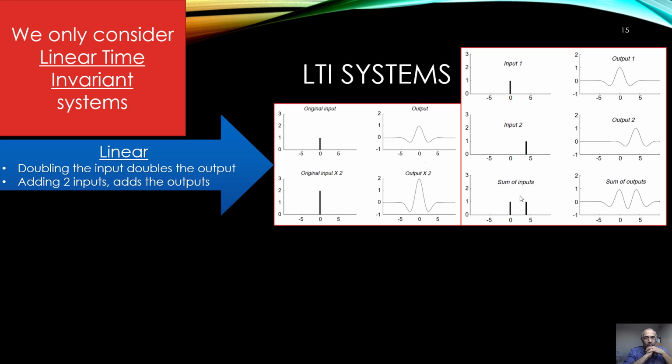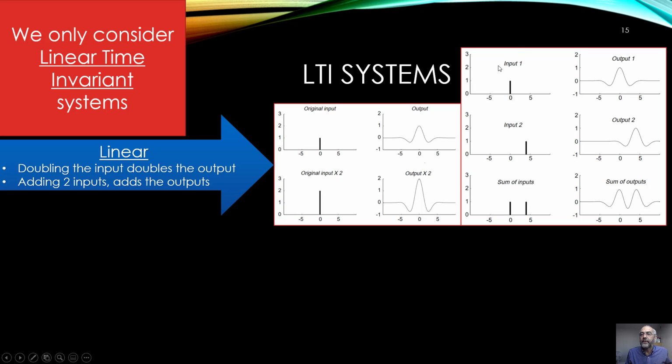What does linear mean? Well, exactly what the word says. The output reacts linearly on the input. So if you double the input, the output will double. If you have two different inputs and you add them, the outputs will also be added.